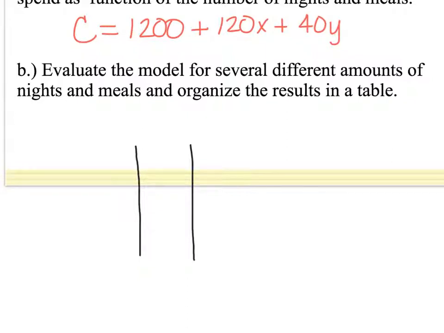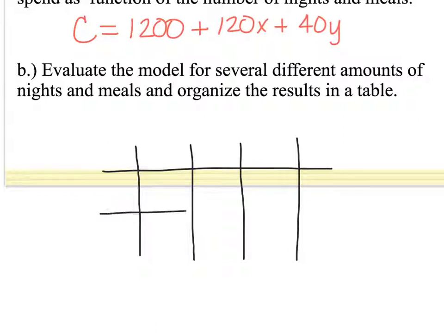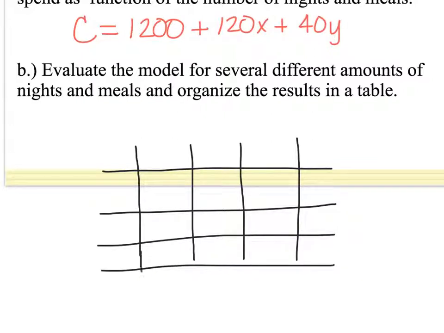I'm going to create a table, and within this table, I'm going to call this side the number of meals, and along this side, this is going to be the number of nights.